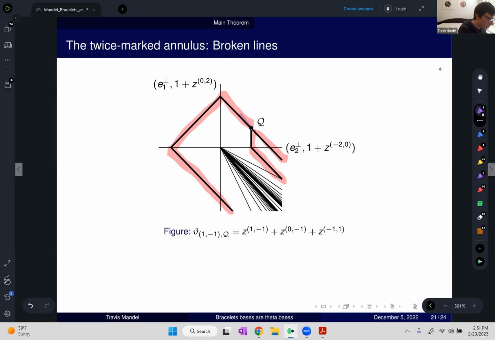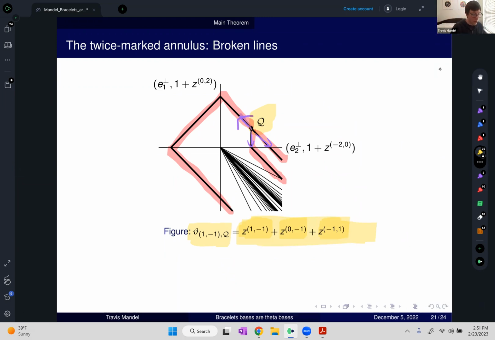You can look at the final directions, the directions that they came from, and that tells you the exponents of the corresponding monomials. So this tells us that the theta function in the initial cluster, the initial triangulation, can be expressed as this sum of monomials. You can check that the loop satisfies that too, and prove that they're equal.